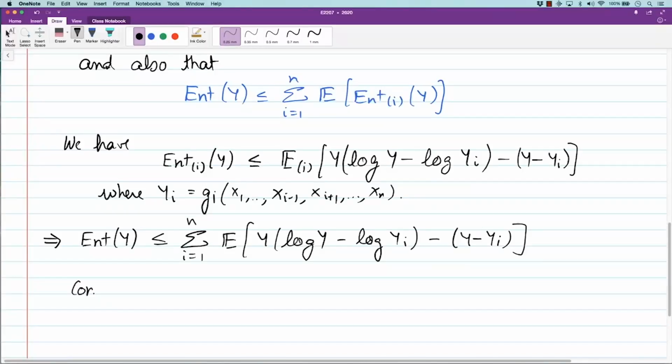So considering y equals e to the power lambda z, this y is a function of x1 to xn, so this z is also a function of x1 to xn, so this is allowed, and yi is e to the power lambda zi. We can do that.